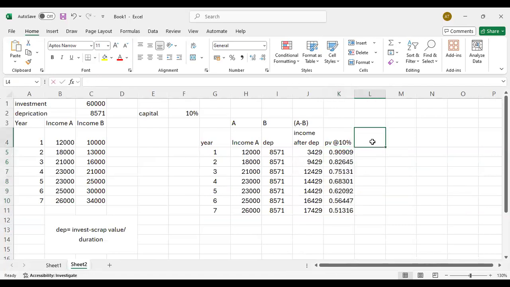So what is the income after PV factor now? Suppose this is column C and this is column D.